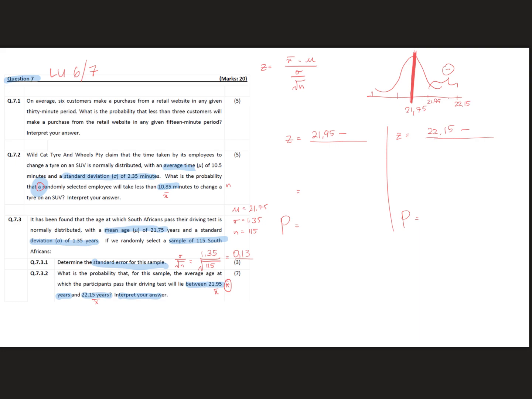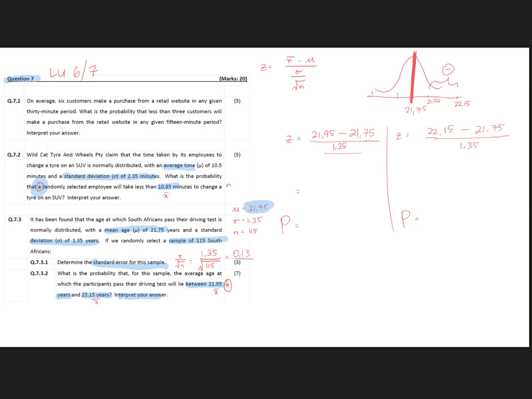Mu is your 21.75. We wrote that down already. So minus 21.75. And here as well, minus 21.75. Then it's over your standard deviation, which is 1.35. So 1.35 on both sides.